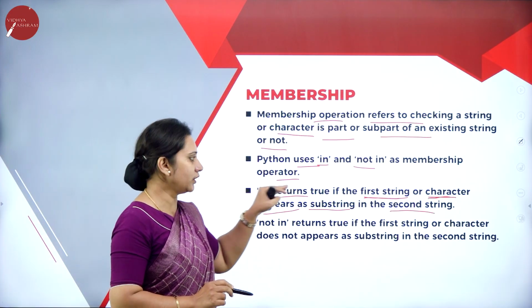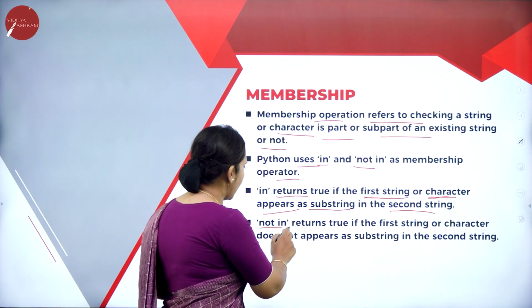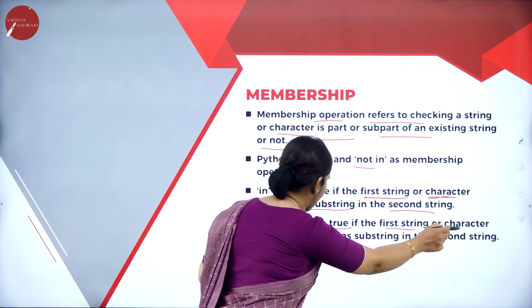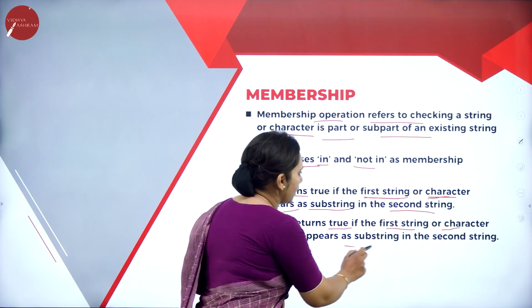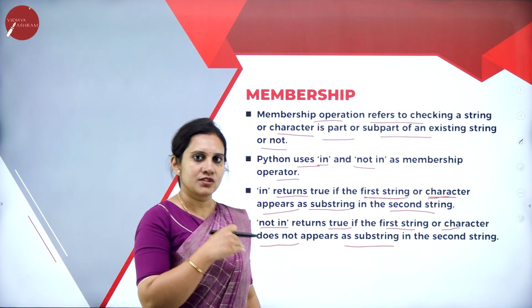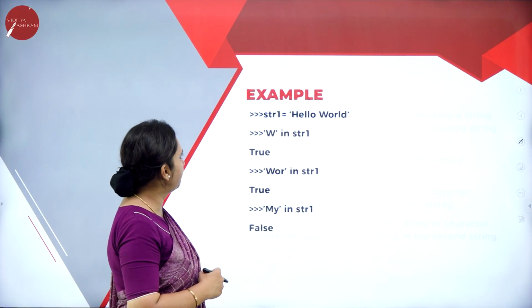Not in returns true if the first string or a character does not appear as a substring in the second string. So let us see with the examples here.